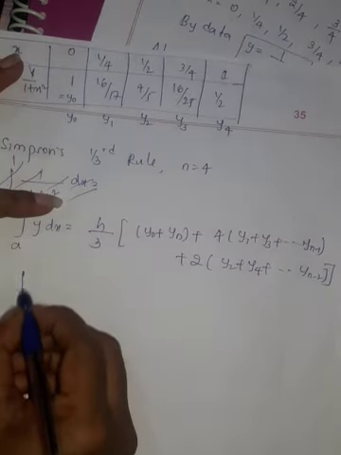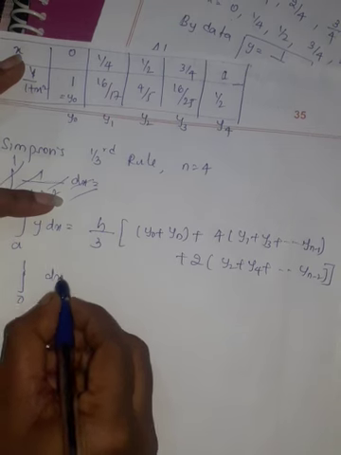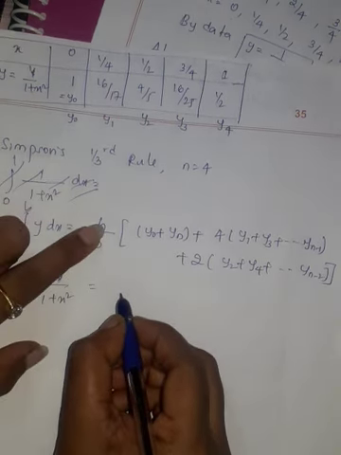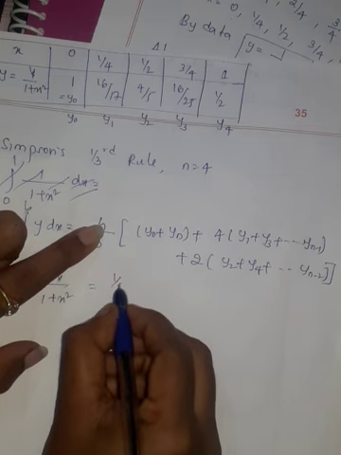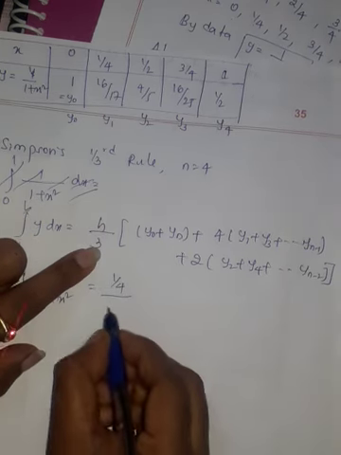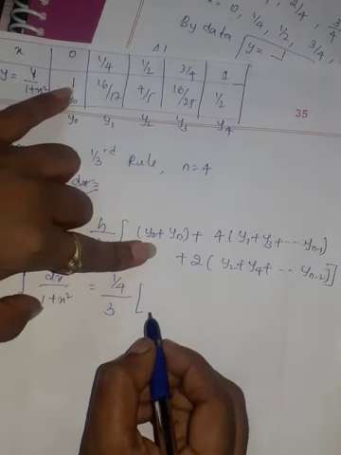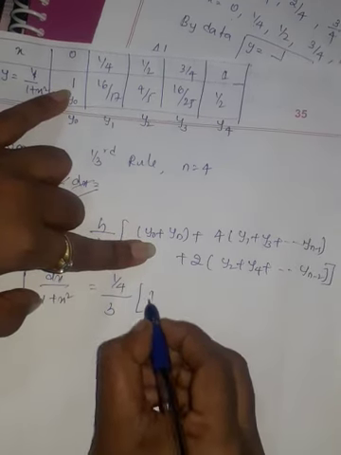So for integration from 0 to 1 of dx divided by 1 plus x square, we have h is 1 by 4, divided by 3, into, what is our y0 here? You can see in the table, y0 is 1, plus yn.